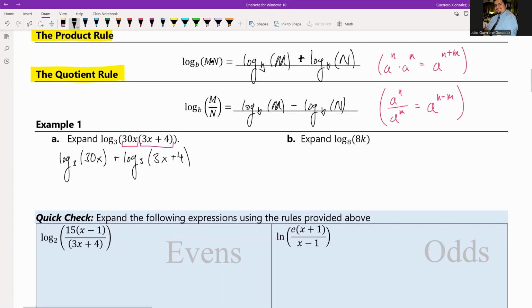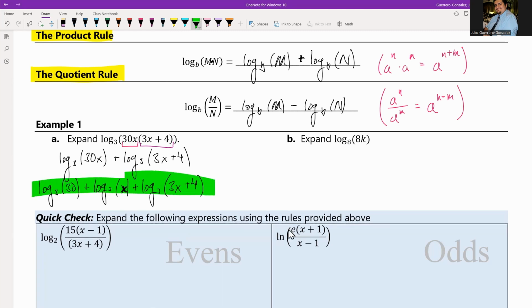And then this one, I can even separate that a little more, and I can say log base 3 of 30 plus log base 3 of x plus log base 3 of 3x plus 4. And we are done. This is it.